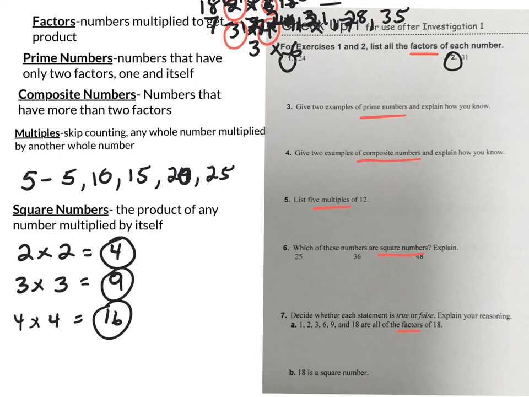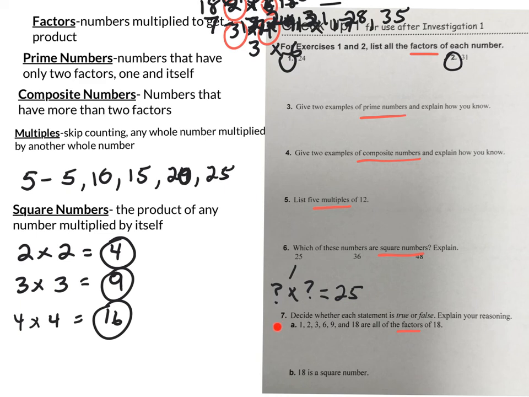So once again, any number multiplied by itself will give you a square number. So over here, are any of these square numbers? For 25, is there any number multiplied by itself that will give you 25? Do that for 36 and 48 as well.